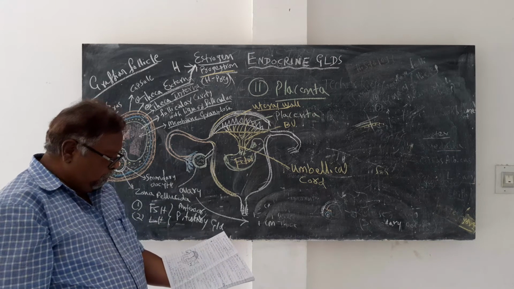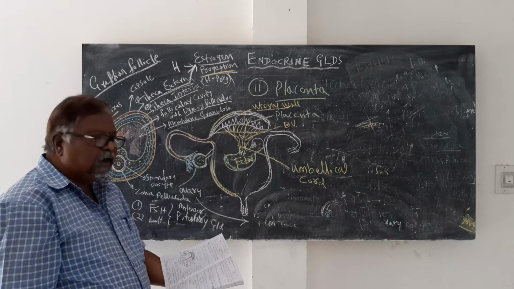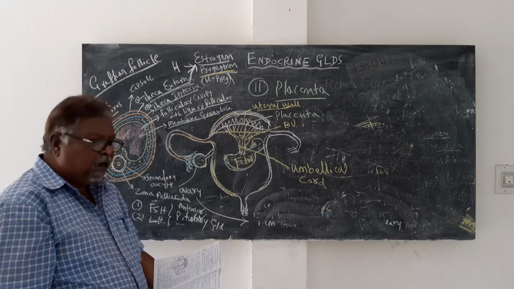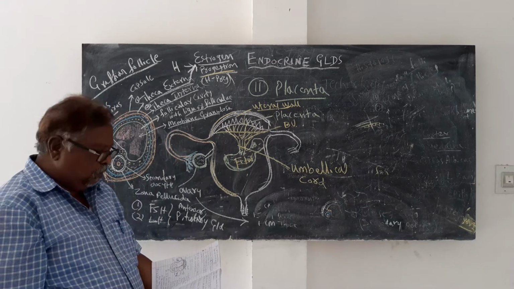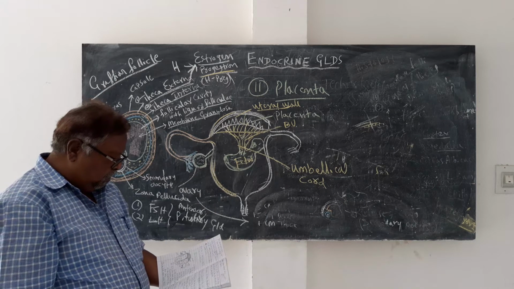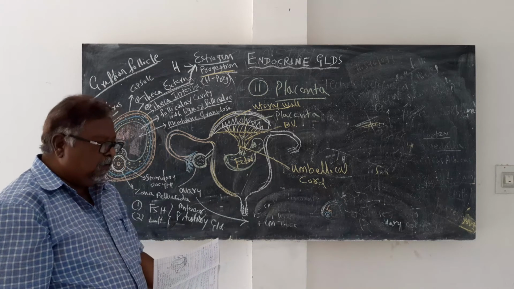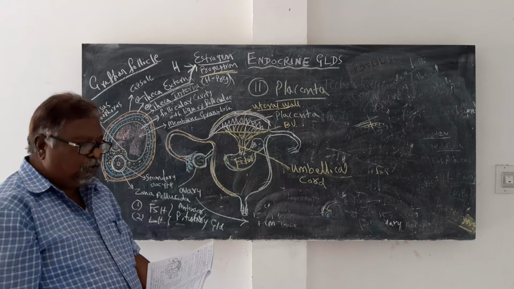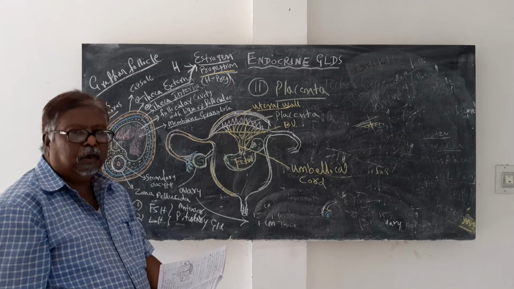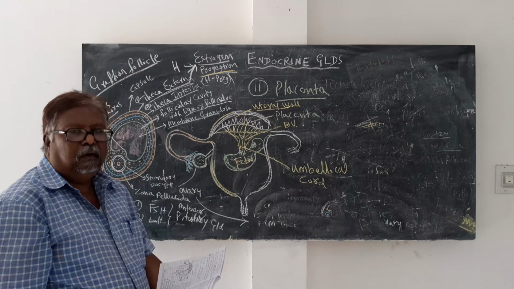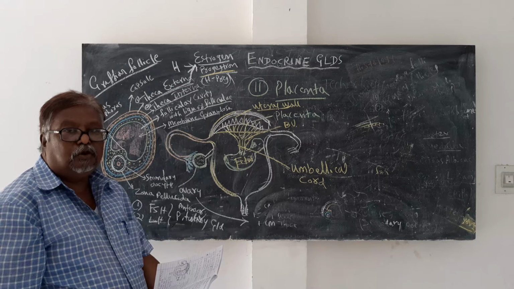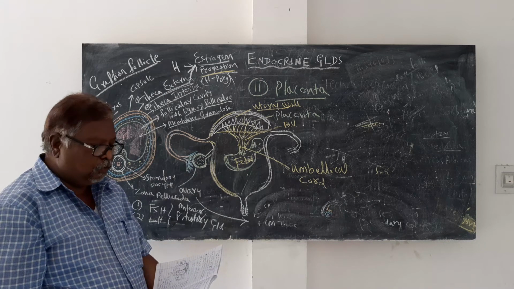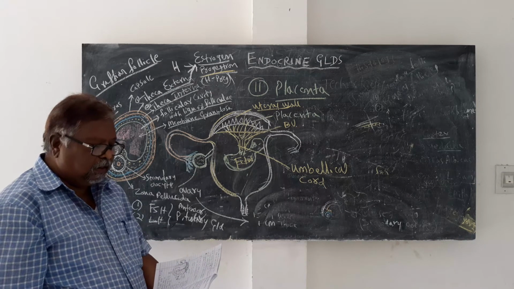It also fights against internal infections. It also produces hormones which support pregnancy. To support the pregnancy, the hormones should be there, and these hormones are produced by the placenta.